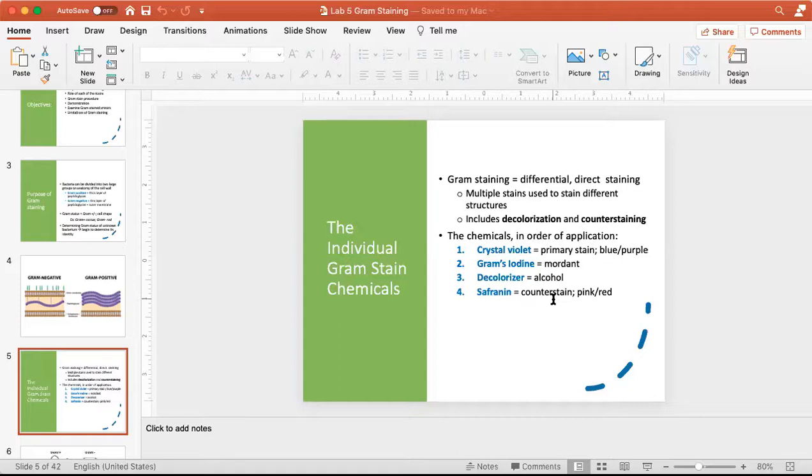And what I mean by that is we're going to stain everything purple-blue. Then we're going to remove some of that purple from some cells. And we're going to add another color, a counter stain. And that's the safranin. So it's stain, mordant, decolorize, counter stain in Gram staining.